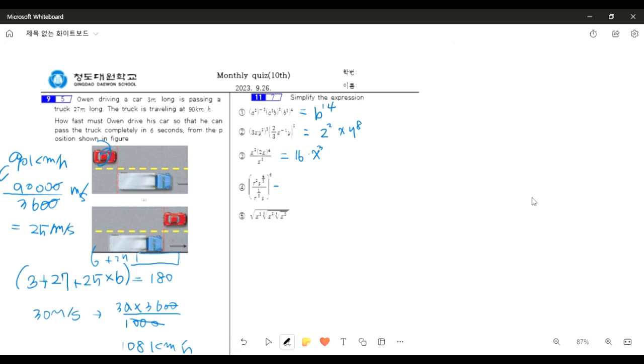Okay, and then r squared divided by r to the 1 cube.